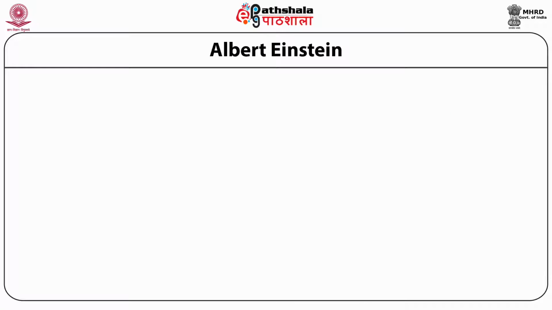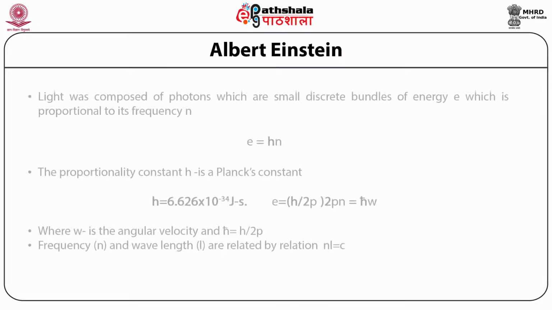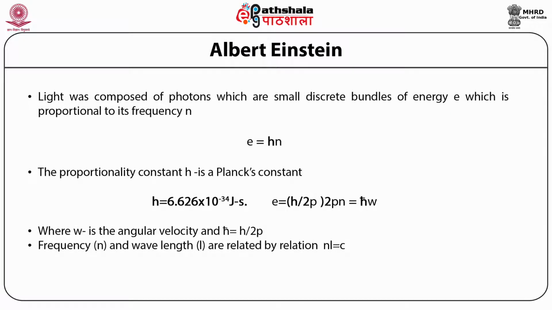Albert Einstein proposed that light was composed of photons, which are small discrete bundles of energy epsilon, which is proportional to its frequency nu, given by epsilon equal to h nu. The proportionality constant h is Planck's constant, having value 6.626 × 10^-34.